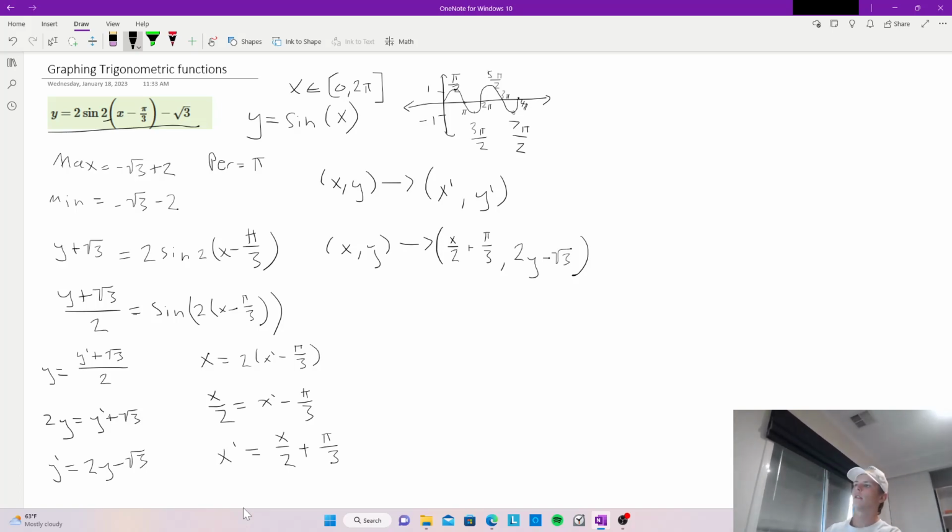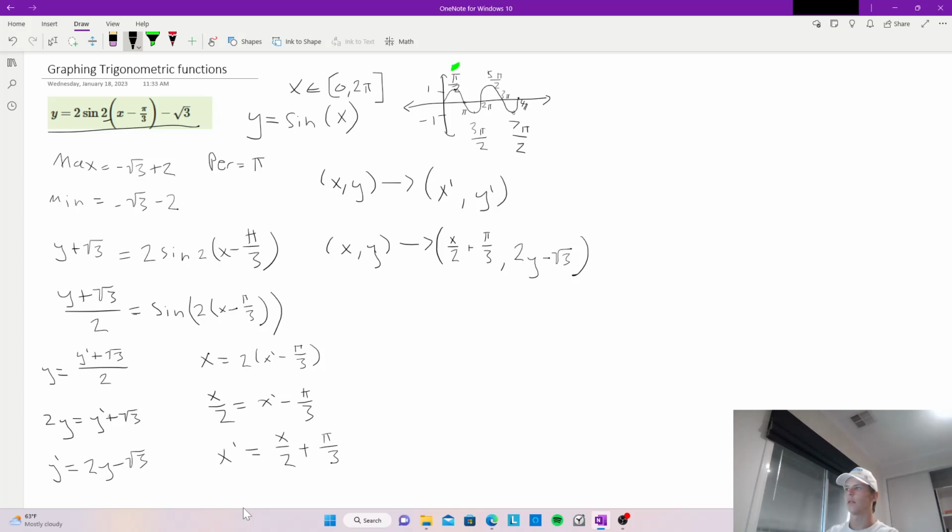So the method includes, see this point up here? I'm not even sure if that's showing, so I'm going to use a quick little highlighter. This point here, which is pi over 2, that's our first maximum point. We then put pi over 2 and 1, which are our x and y values, into our transformations, and then it'll punch out a new value, and that'll be our spot on our new graph.